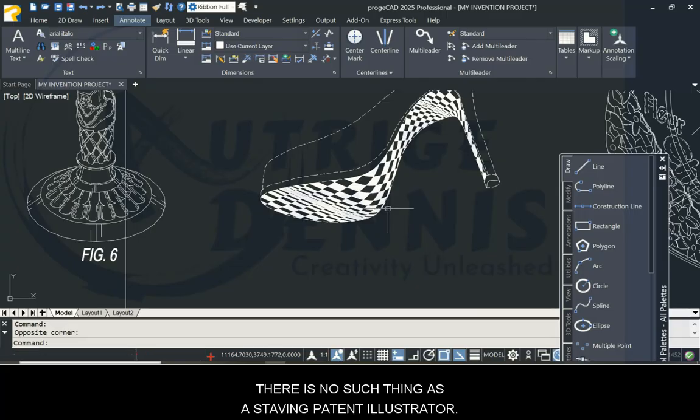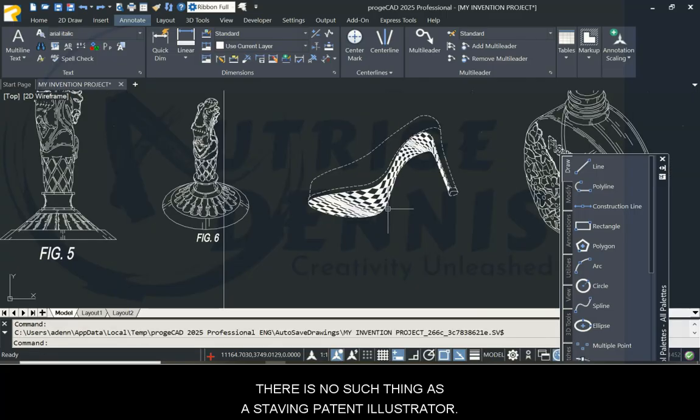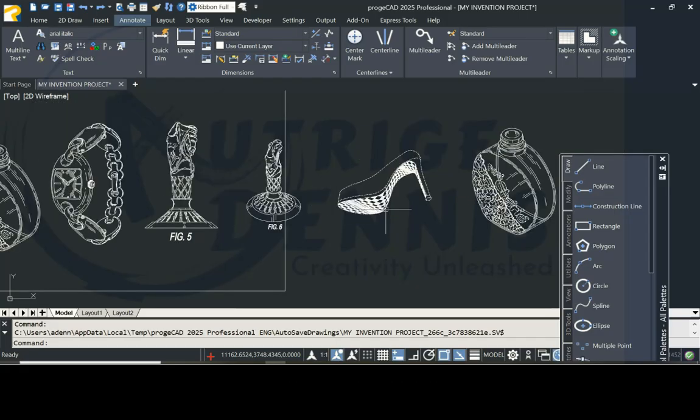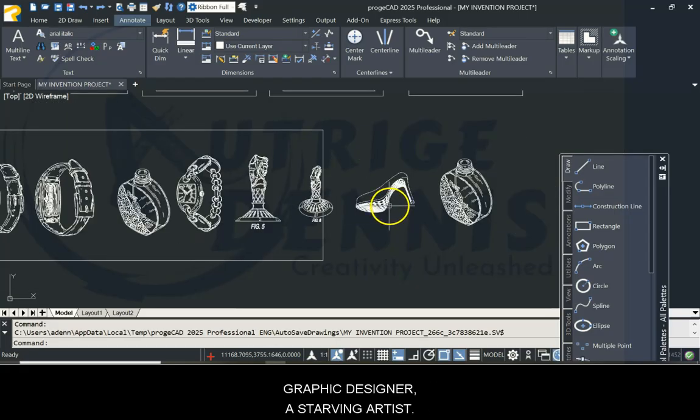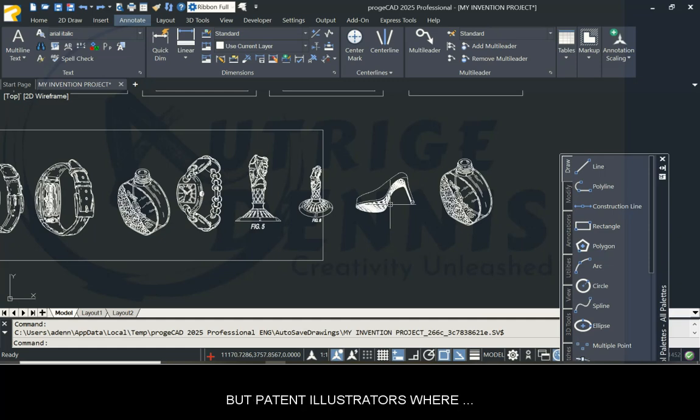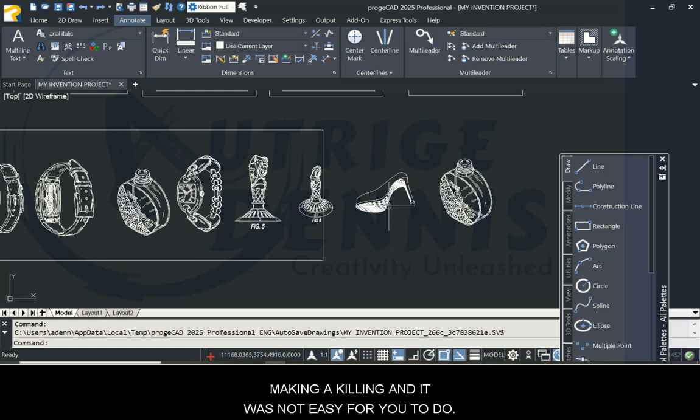There is no such thing as a starving patent illustrator. Yes, there is a starving graphic designer, a starving artist, but patent illustrators were making a killing. And it was not easy for you to do. So you can't be doing graphic design and say, oh, no, I'm going to switch to patent drawing. It would have been difficult back then.